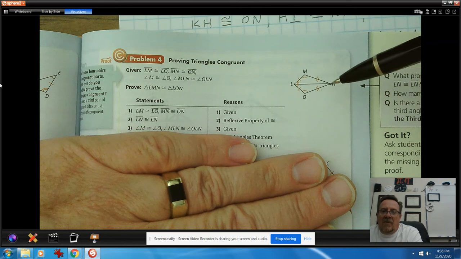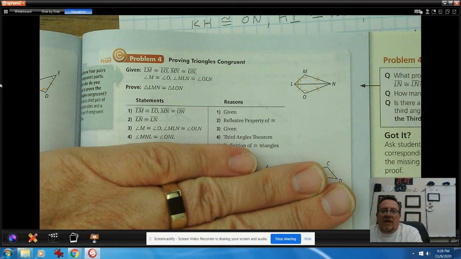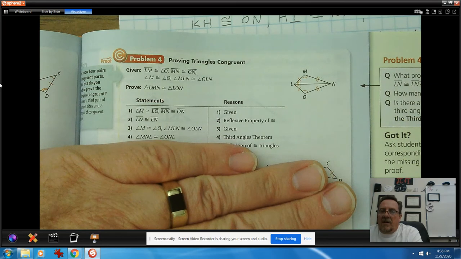And what I said before is we would then need to show that this angle N and this angle N are the same size. And how can we get there? Well, we can get there because of the third angles theorem that we just said. If two angles in one triangle are congruent to two angles in another triangle, then the third angles must be congruent as well.